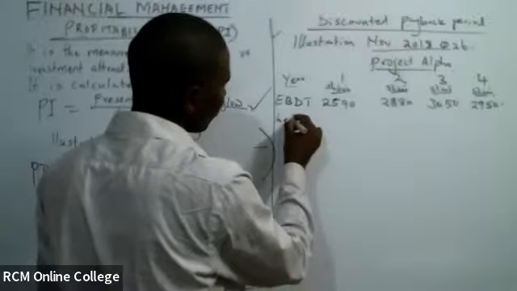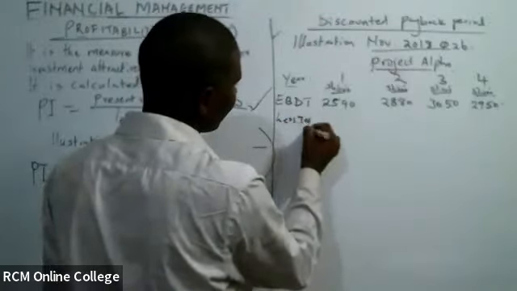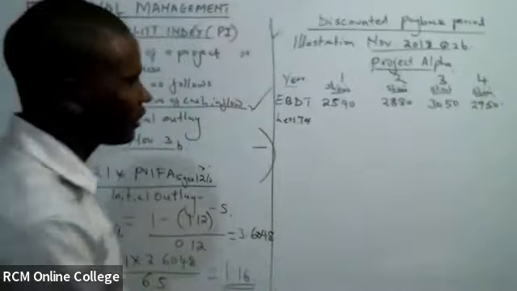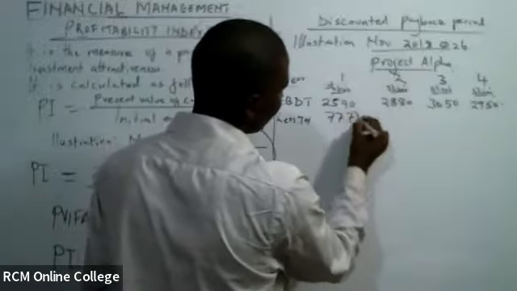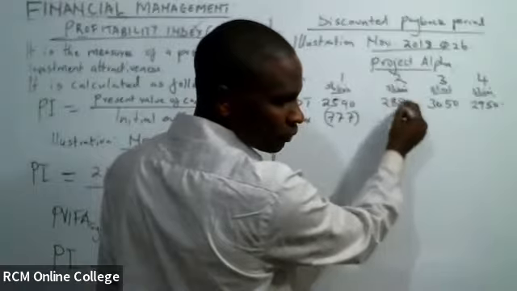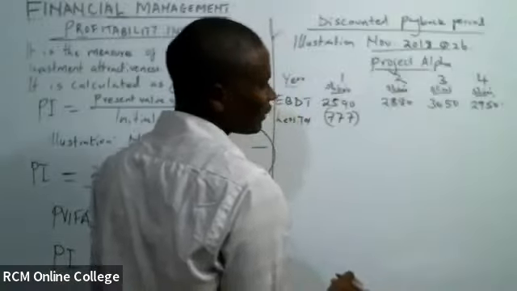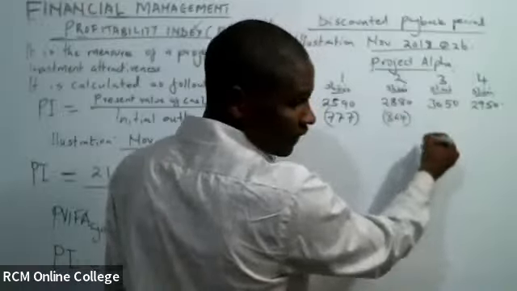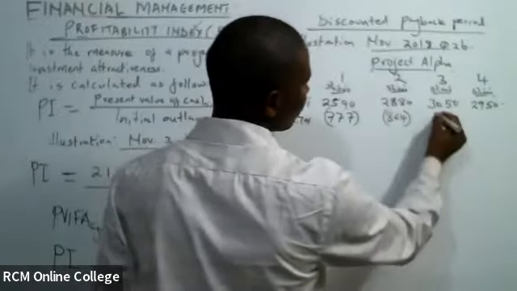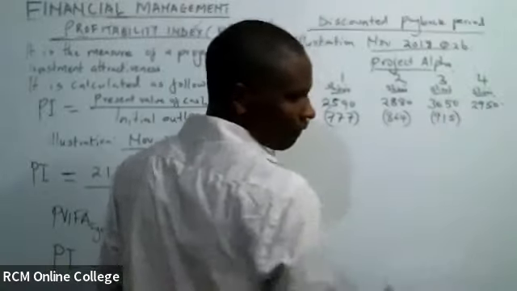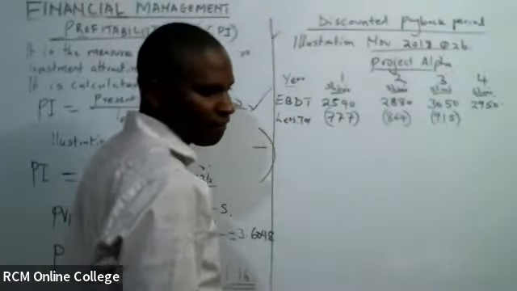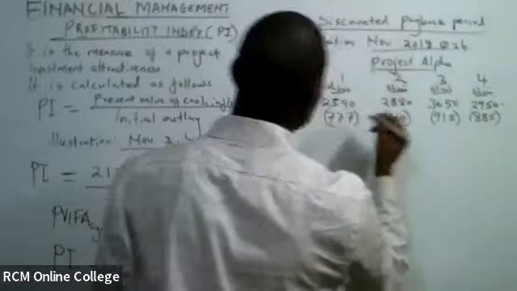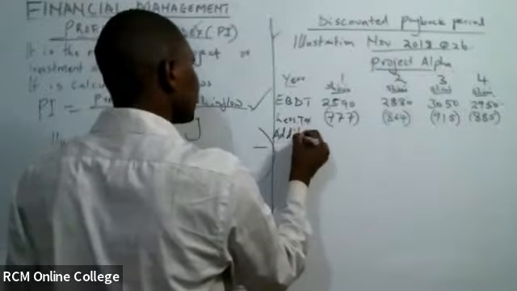So tax is 30% of each: 777, 864, 915, and 885. Good. Then we add DTS.